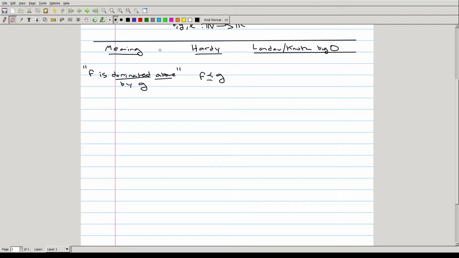And I really want to emphasize that this is not less than or equal to. This means function f is dominated by g. In big O notation, this is written as f is big O of g.